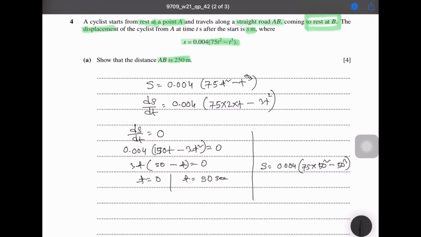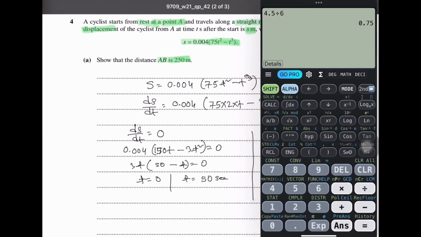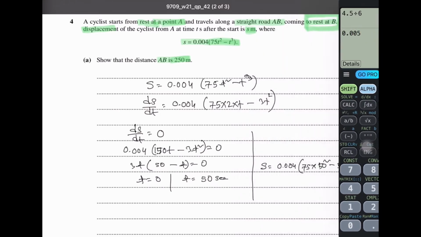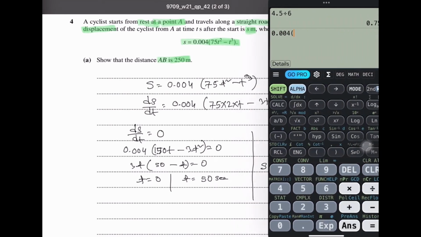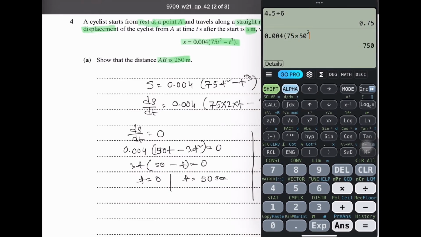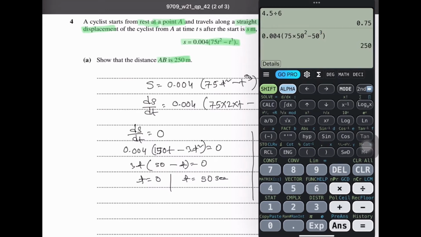Now it is necessary to use calculators. 0.00475 into 50 square minus 50 cube. So it is 250.